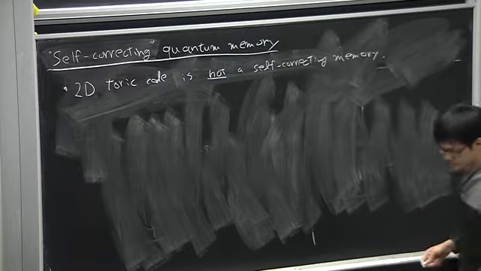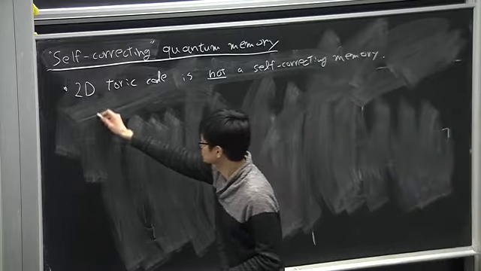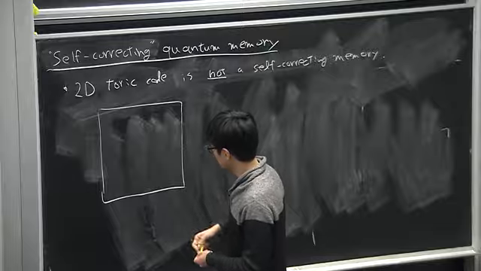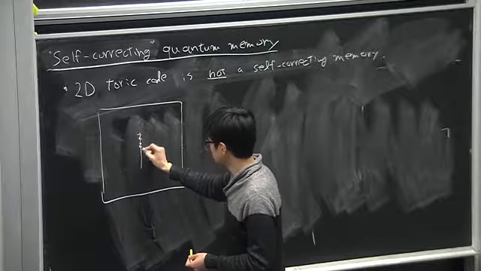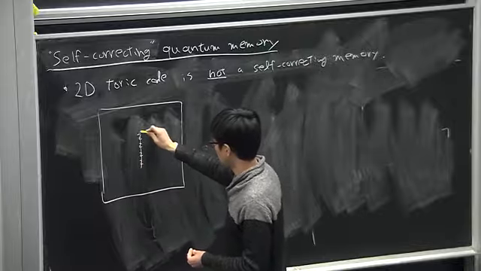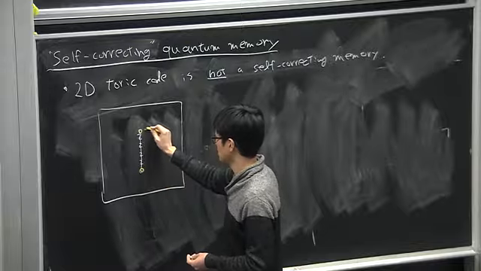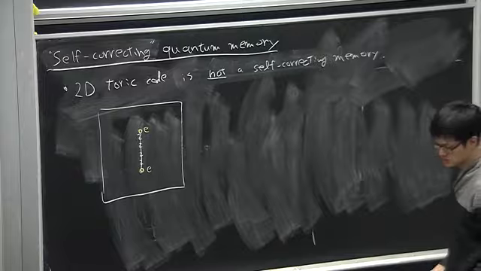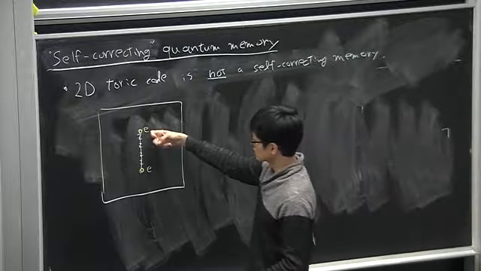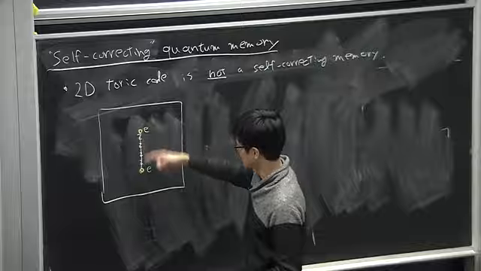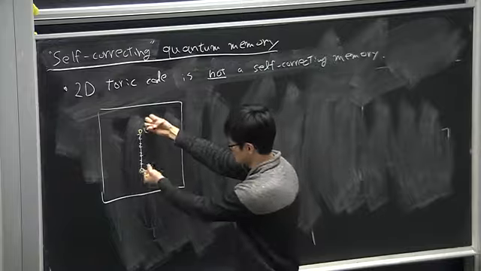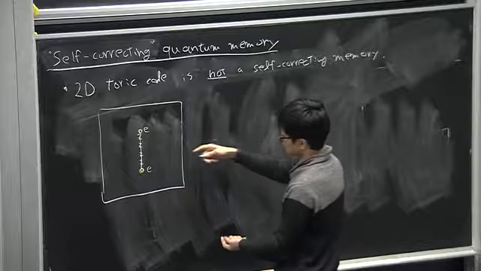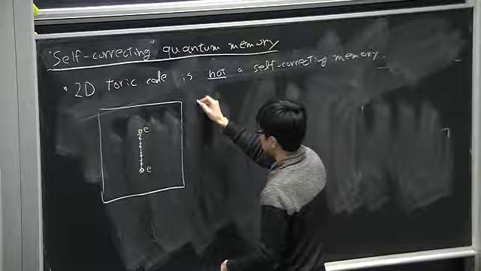The reason is the following. If you have the toric code and you apply some string of Pauli operators, you can create a pair of anionic excitations. In this case, they are electric charges, but this labeling does not matter much. This excitation costs only a finite amount of energy, energy 2. Now, you can move this excitation freely by using this string of Z operators.